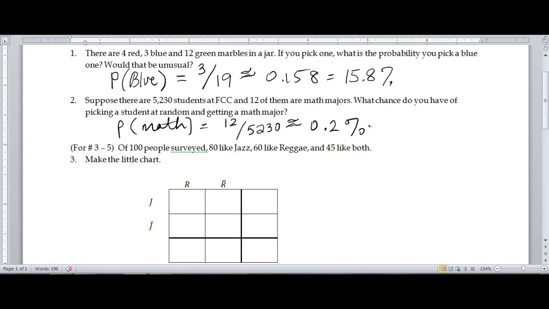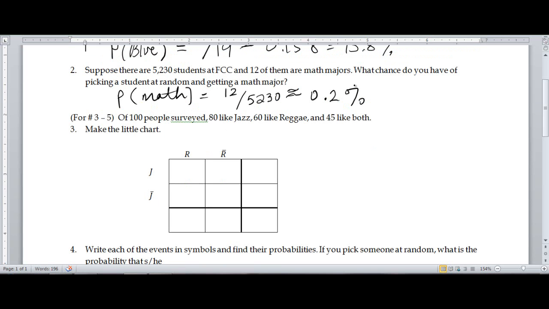So for these probability problems, you want to look at the number of outcomes in that certain category divided by the total number. Okay? 100 people surveyed, 80 like jazz, 60 like reggae, 45 like both. Make the little chart. Alright, so use the information that you know. I know 100 people total and 80 like jazz.